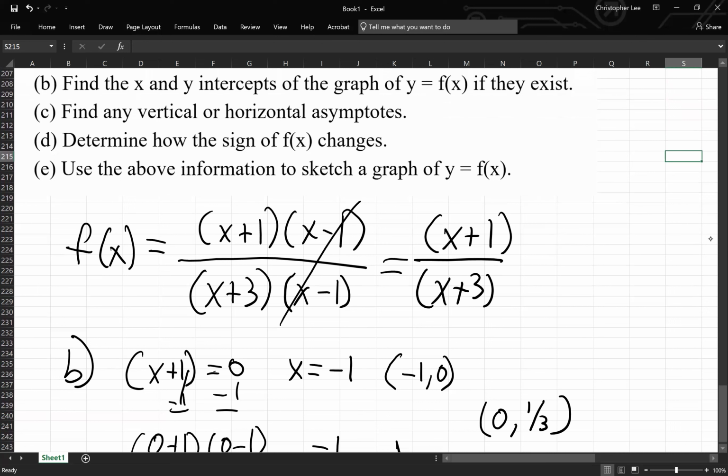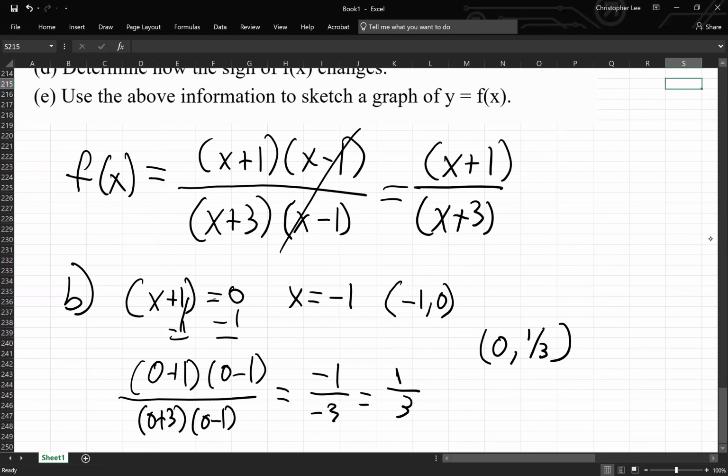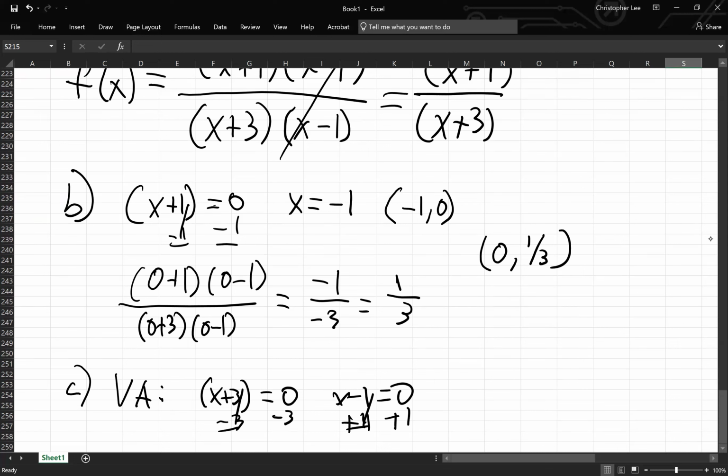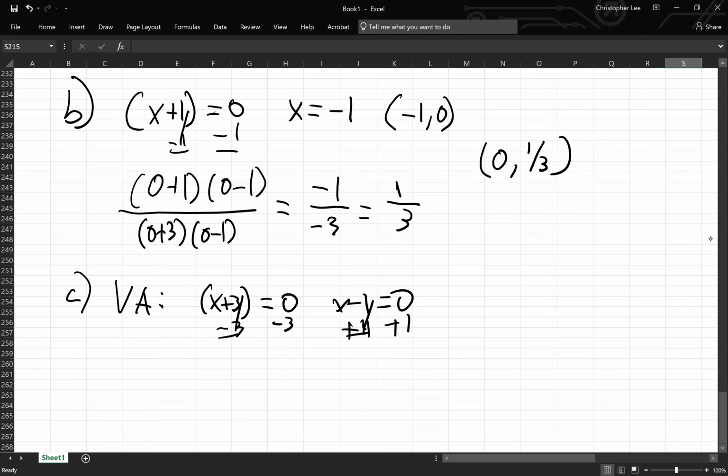Just thinking for a second. All right. So any vertical or horizontal asymptotes? For vertical asymptotes, you want to set the denominator equal to 0. Okay, so we have x equal to -3 and x equal to +1.